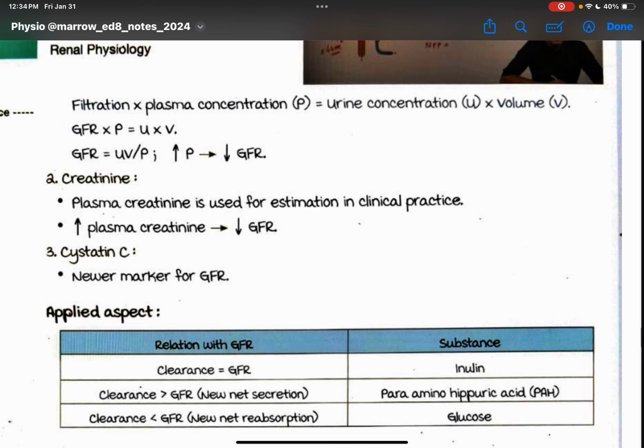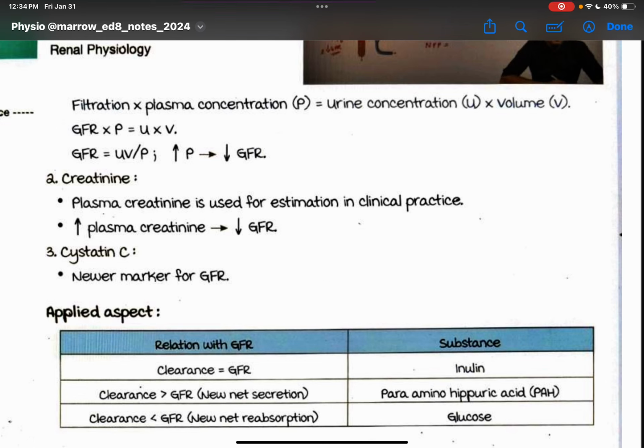plasma is filtered in the kidneys and excreted in urine. Filtration: GFR times plasma concentration is equal to urine concentration times volume. So GFR equals urine concentration times volume divided by plasma concentration. If plasma concentration increases, GFR decreases.